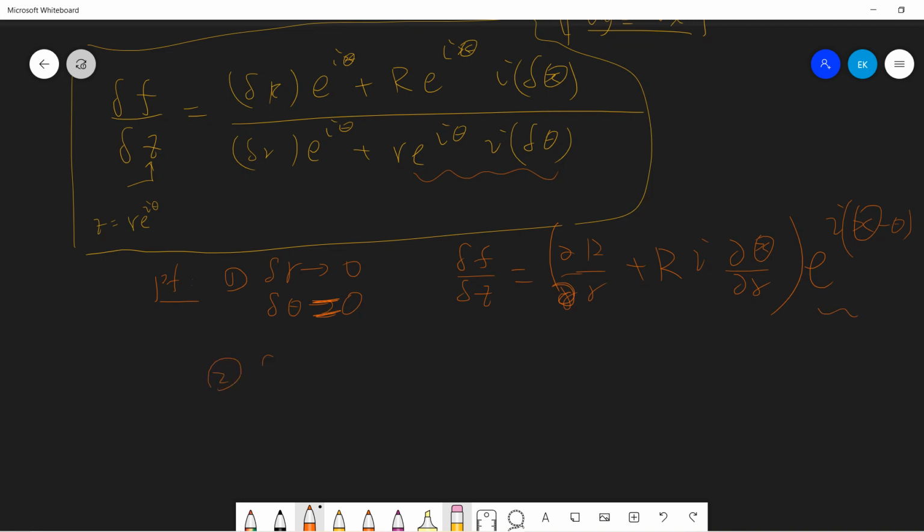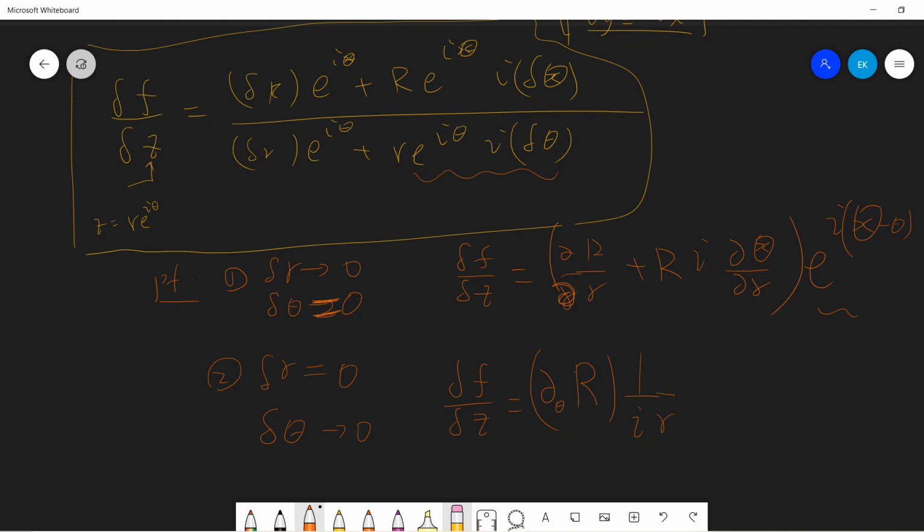In the second approach, we set delta r to be 0 and only change the tangential direction, delta theta. It's very simple: delta r is 0, so the first term is capital R over delta theta, the partial of R with respect to theta, with 1 over i in the denominator, and then there's a small r here.